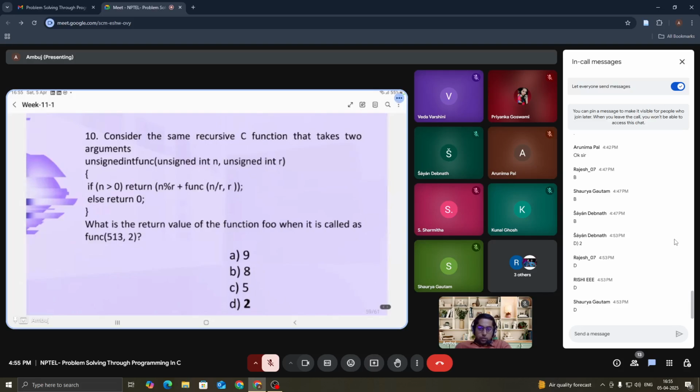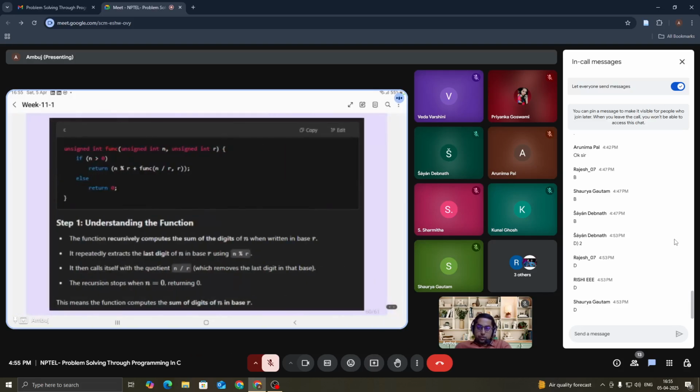Okay, question 2. See the function: unsigned int func(unsigned int n, unsigned int r). If n is greater than 0, return n mod r plus func(n / r, r). Else return 0.